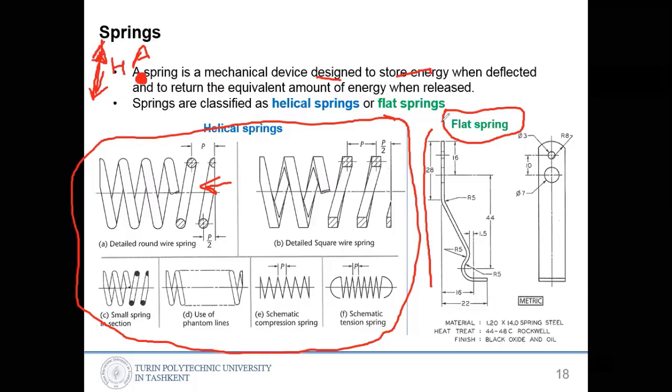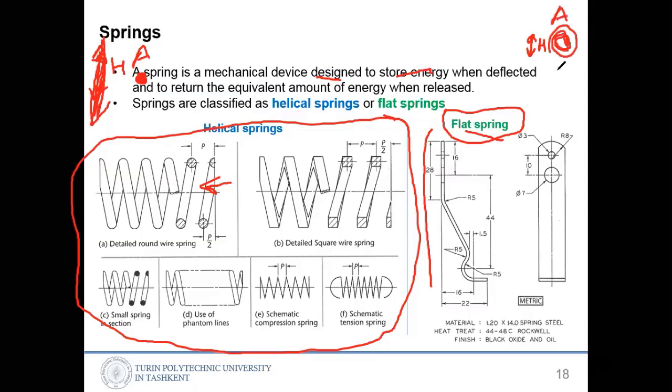But when we have a small height, comparing to this height, here the height is bigger, but the area is small. But in the flat spring, we have a small height, but a very big area. Area is big.